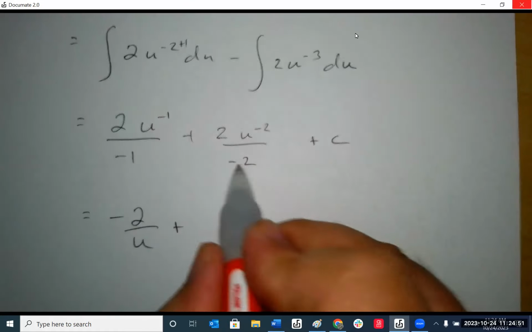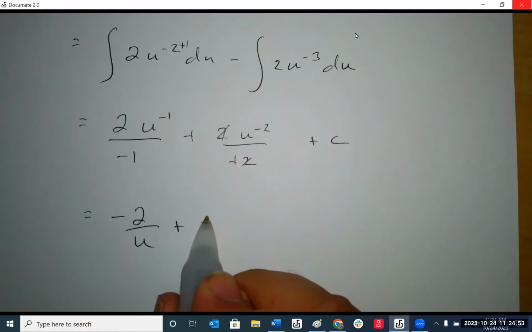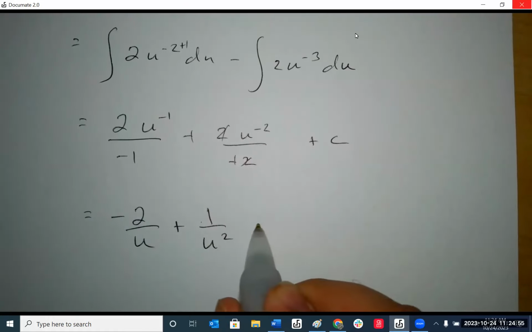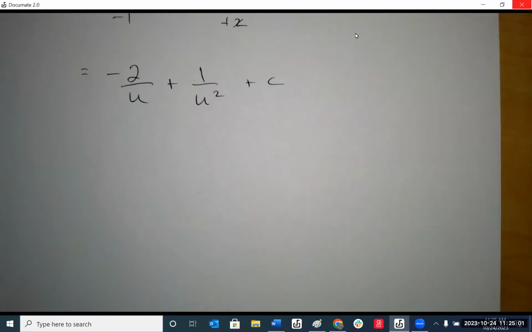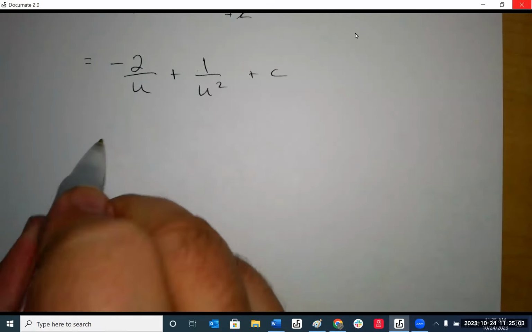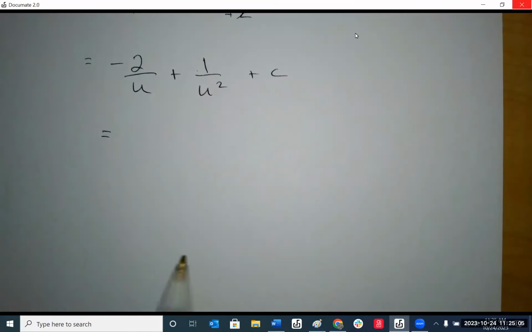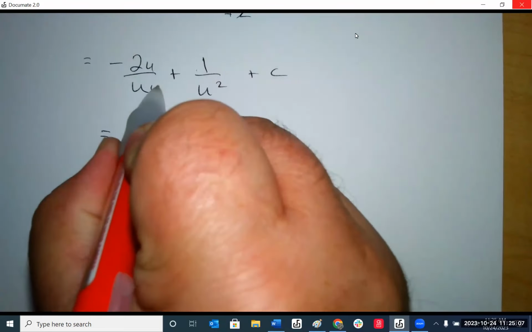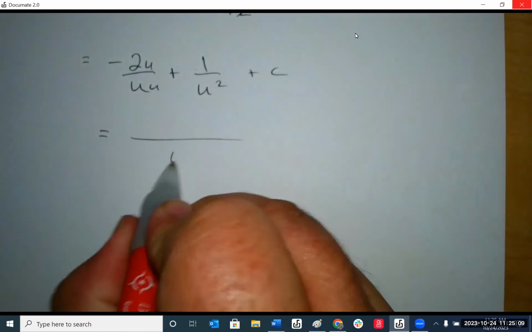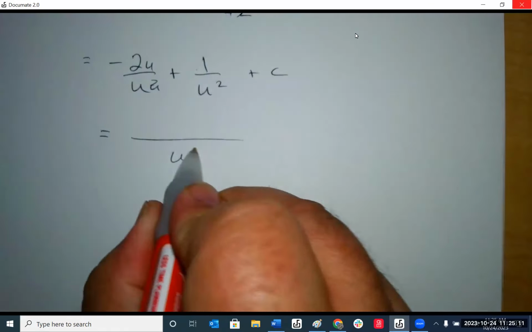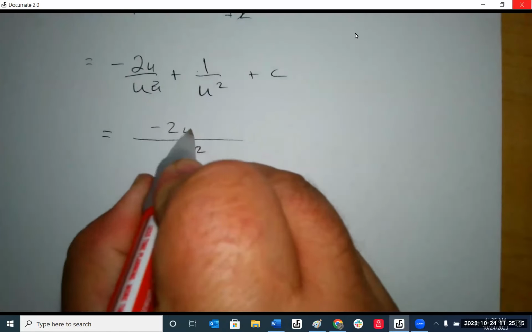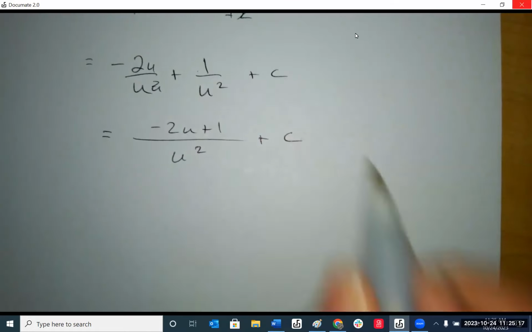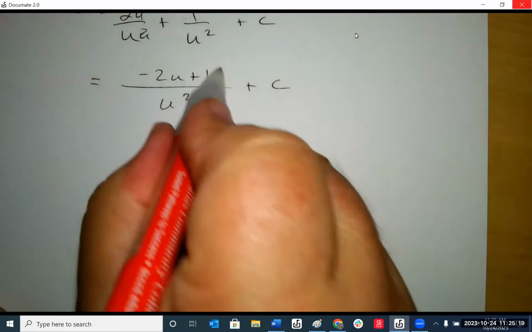The negatives cancel. The 2's cancel. So it's 1 over u squared plus c. Excellent. Get a common denominator. So I have u squared on the bottom. It's negative 2u plus 1 plus c. I can rewrite that.